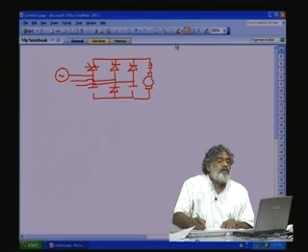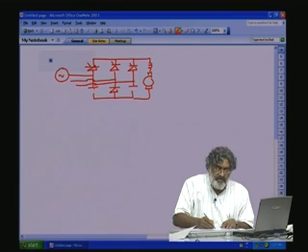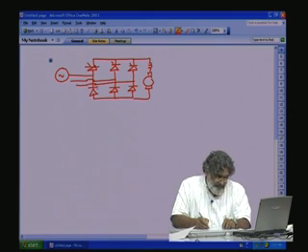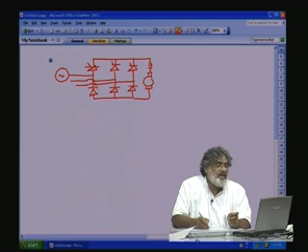We will redraw once again. So that this is diode, this is diode. Okay. So here the moment the diode is forward bias, immediately it will conduct.